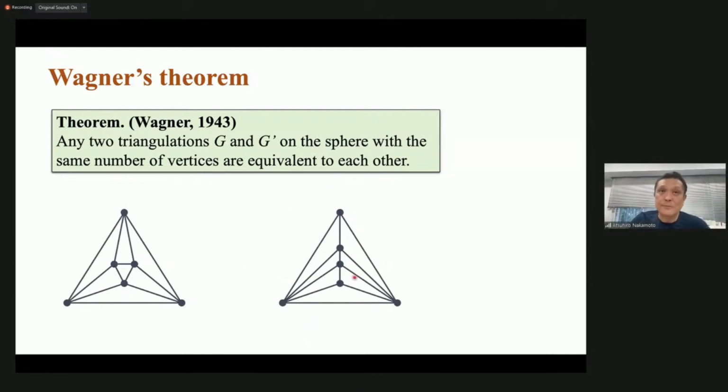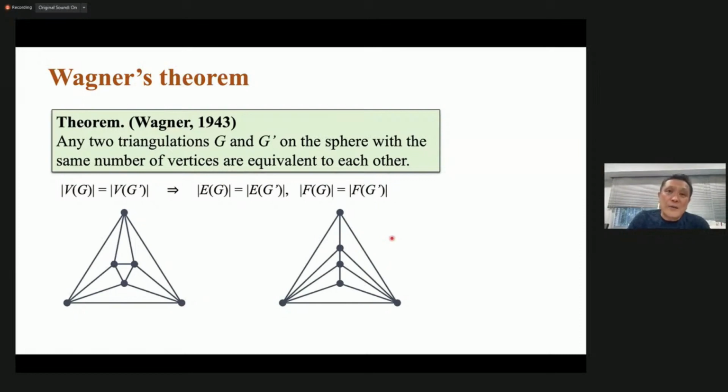So we first, as we mentioned before, if we fix the number of vertices like this, then the number of edges and the number of faces are automatically determined. So if we assume this and this have the same number of vertices, then they also have the same number of edges and the same number of faces like this.